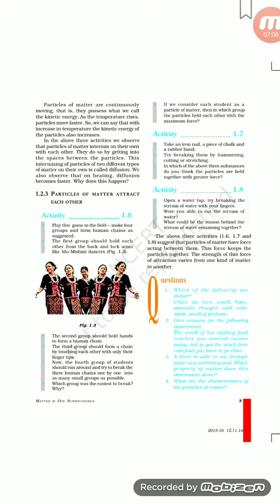Intermolecular force of attraction is less than in solid, because in solid the particles were very close and the force of attraction was very high. Here the force of attraction between the particles will be slightly less and the space slightly more. So these are the characters.